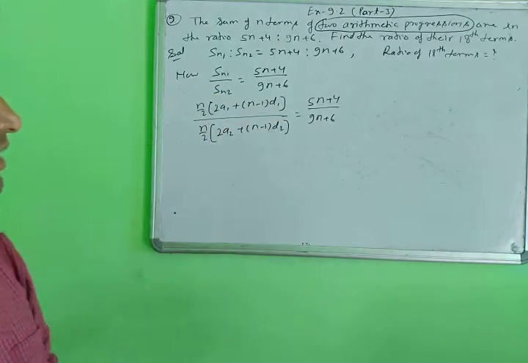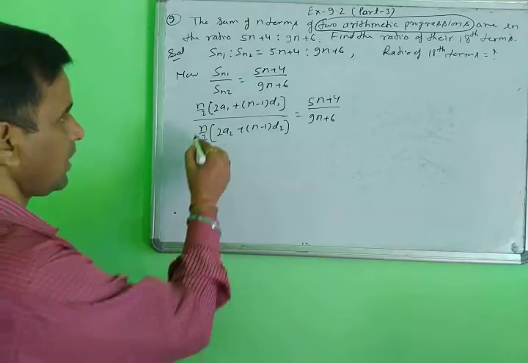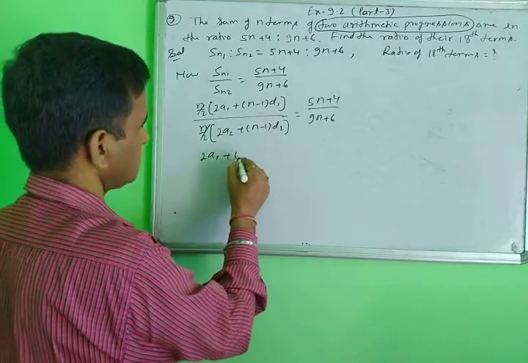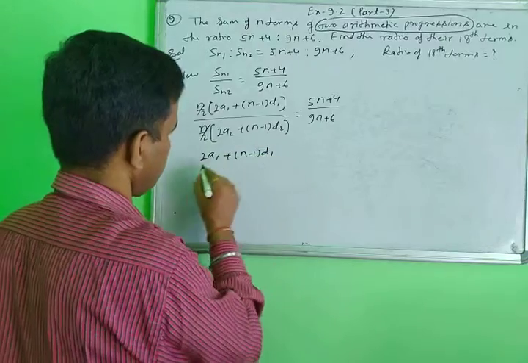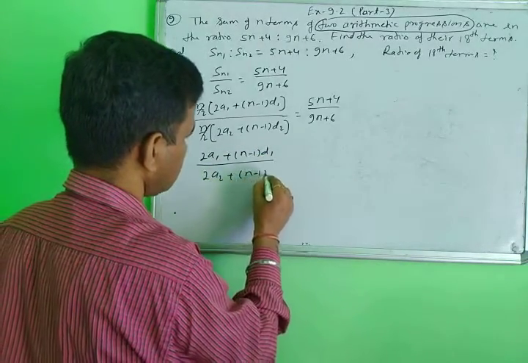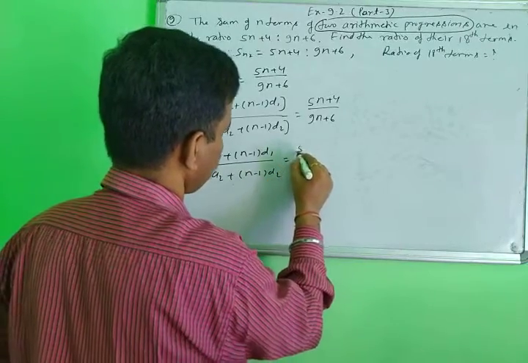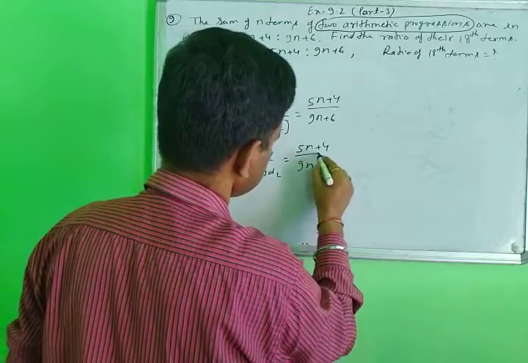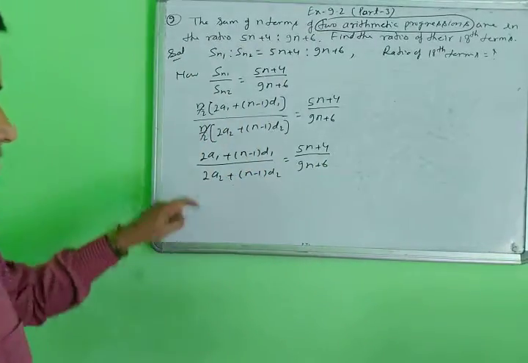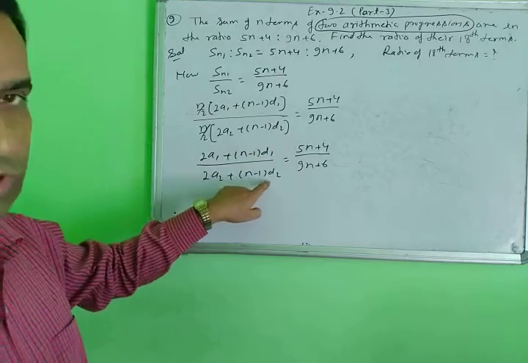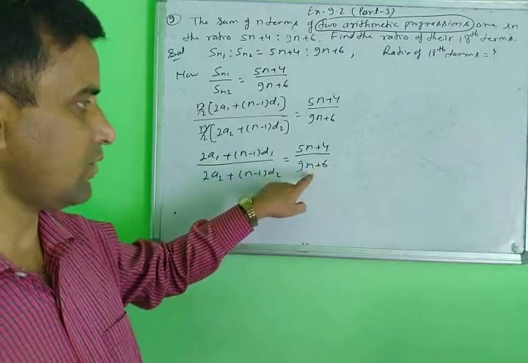According to this, the n by 2 will be cancelled. What is left is 2A1 plus n minus 1 D1 upon 2A2 plus n minus 1 D2, equal to 5n plus 4 upon 9n plus 6.